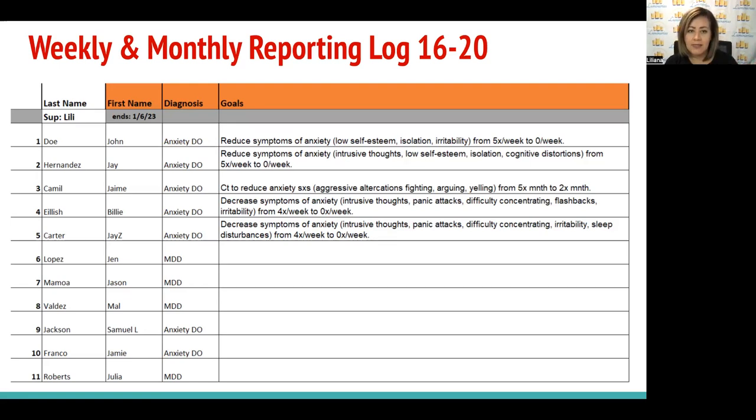So what I like to see happen is you copy and paste your goal the moment that you finalize it on the client treatment plan or the CTP. You copy and you paste it here, and that way, as we're having supervision, I know exactly what client you're talking about, what the diagnosis was when you see them, and what the goals are that we're working on, so that it's often clear in regards to who we're talking about.